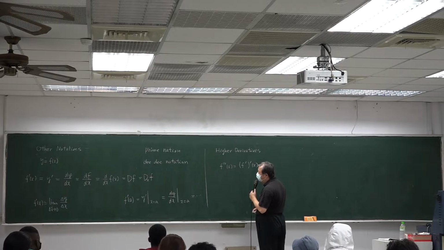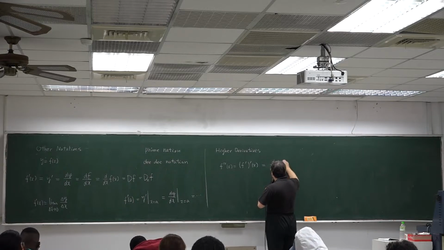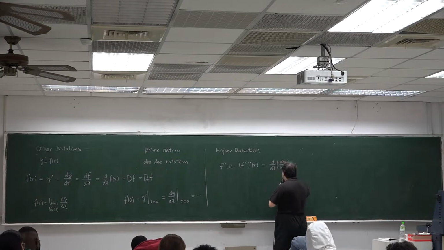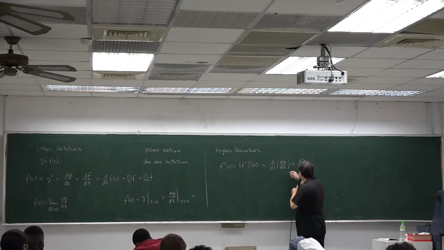If we use d notation, we have d dx of dy dx. And this one will be denoted by d squared y over dx squared.